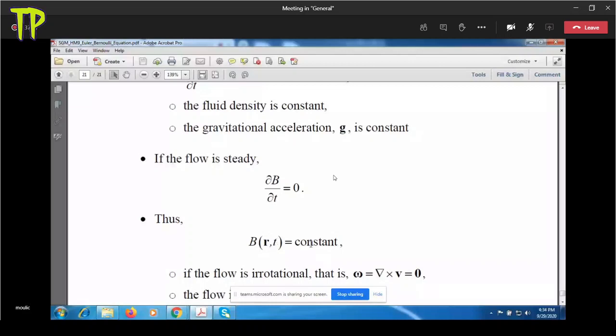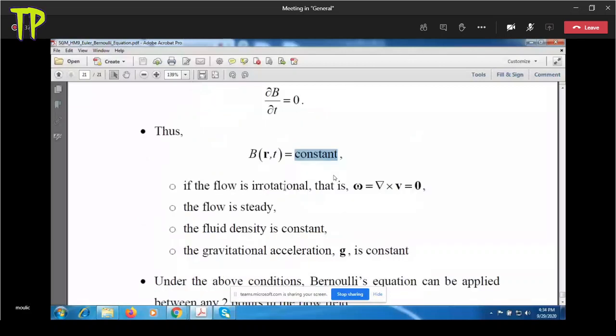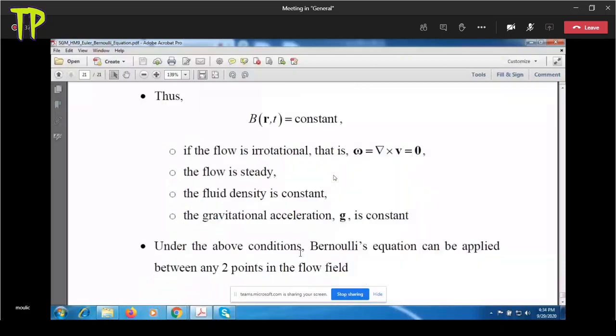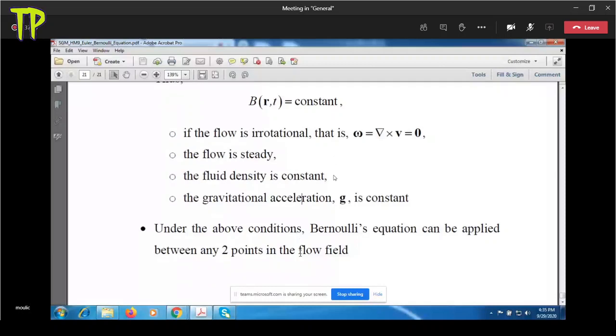This is a global constant valid for each and every point in the flow field if these following conditions are satisfied. The flow is irrotational, the flow is steady, the density is constant, and the gravitational acceleration is constant. Under these conditions, you can apply Bernoulli's equation between any two points in the flow field. They need not be on the same streamline.